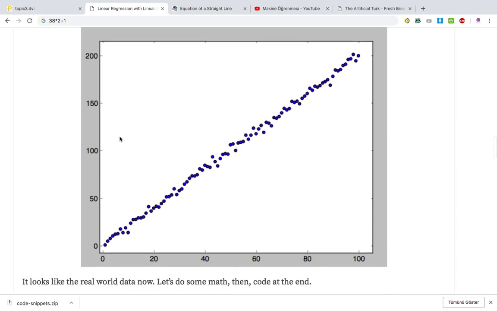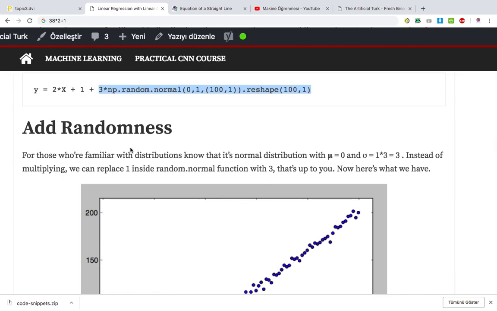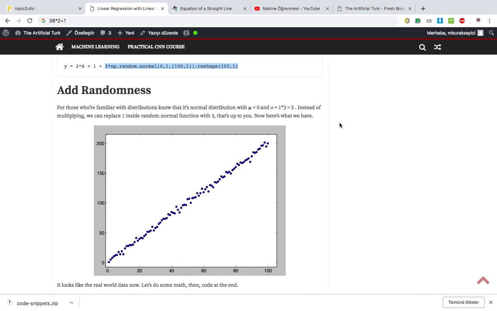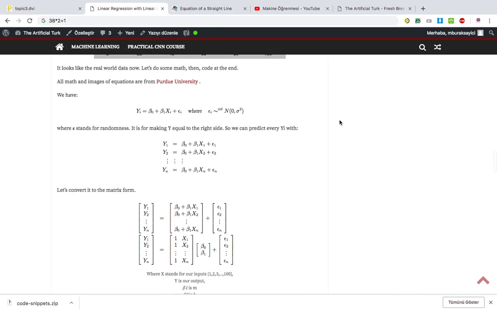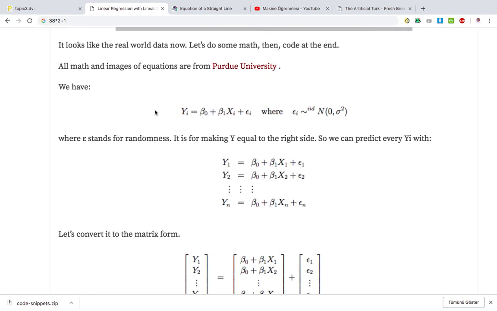So we add randomness to it, and we can say that it has a linear relationship, so we can fit a line on it and predict some values with our machine learning algorithm. And it looks like real world data now.